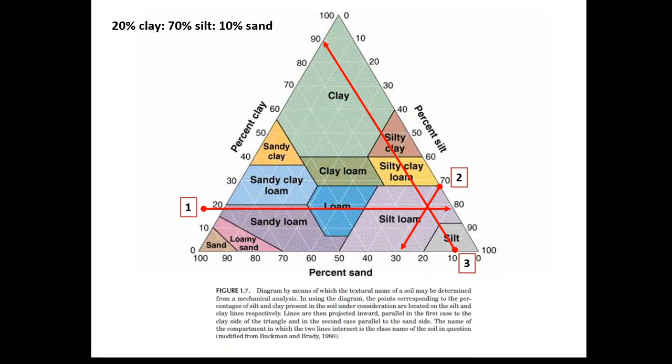The first clay, silt, and then the sand. The overlap of this diagram here will determine the texture of soil of the area. And for this area, the soil texture is silt loam.